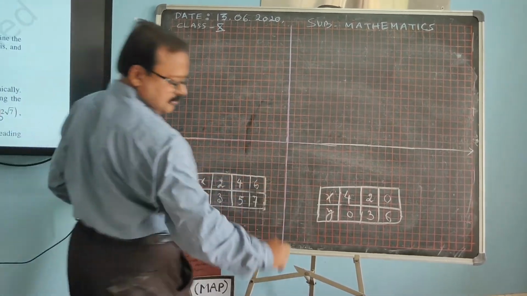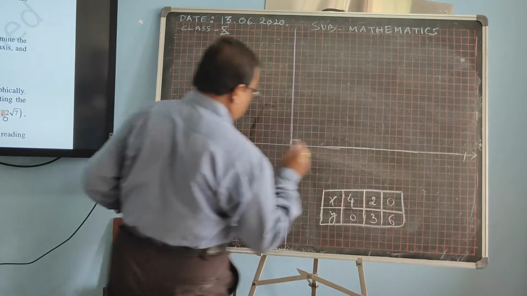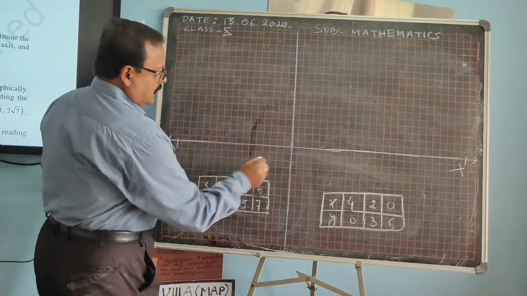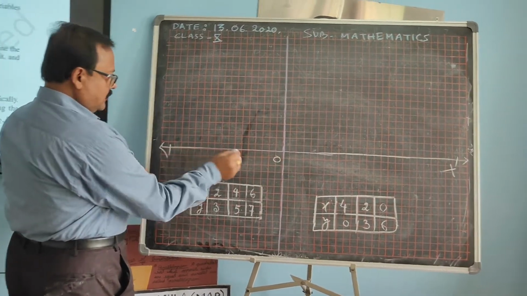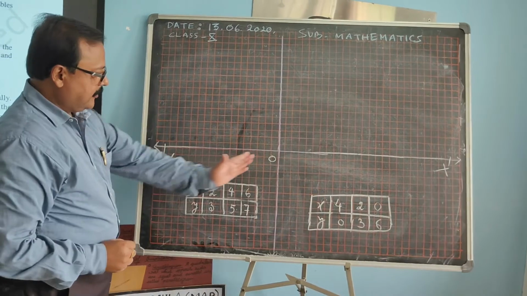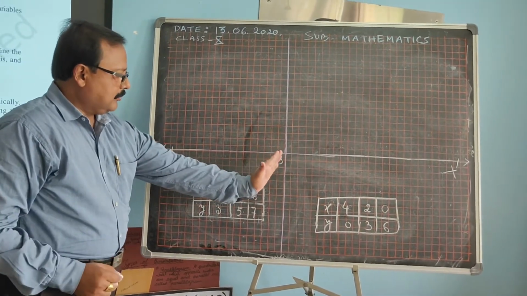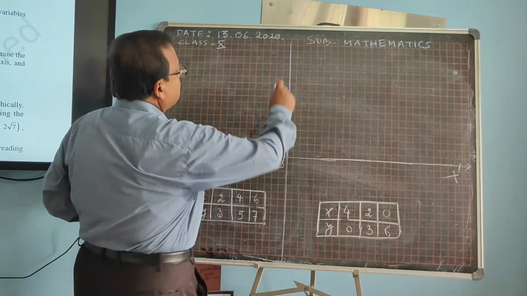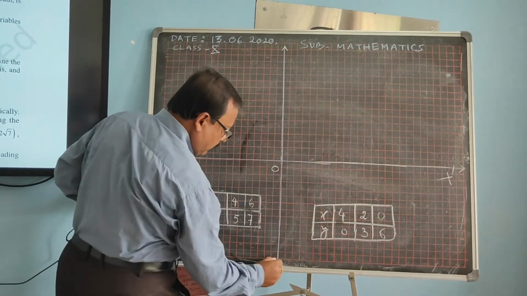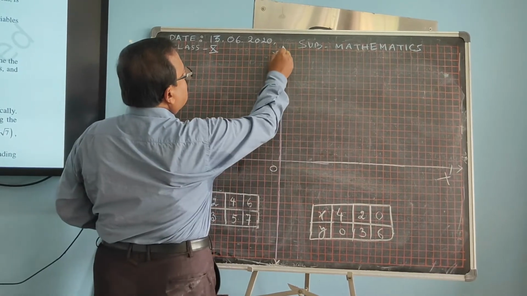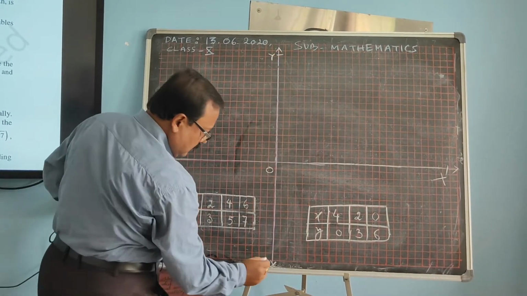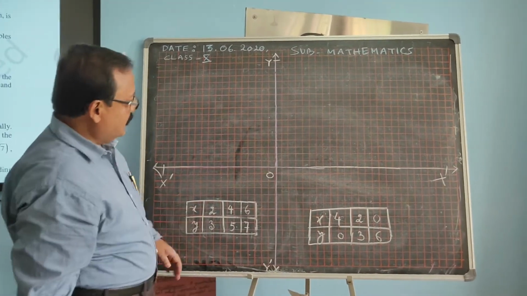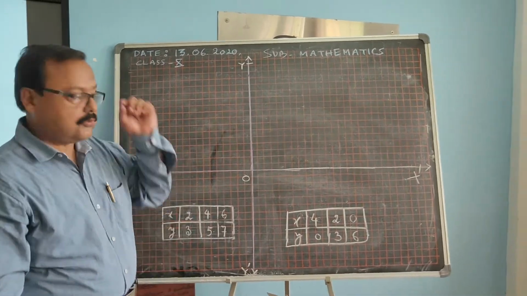That is already in class 9 you have seen. In the Cartesian plane, this is the x-axis, X'OX. The negative values will be on the left side of x and positive values on the right side of x, and this y means the upper portion, and the lower portion, y dash, means negative values of y.